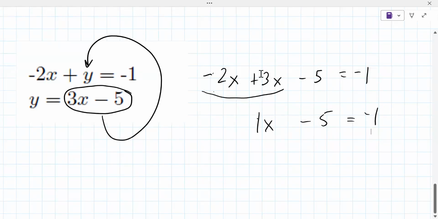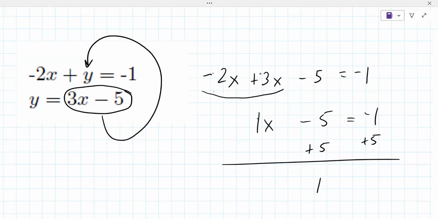Add 5 to both sides. Yep. So what does x equal? 1x, and that equals 4.